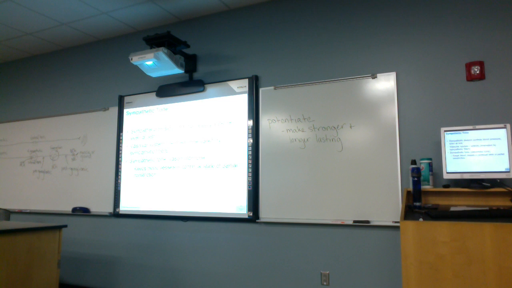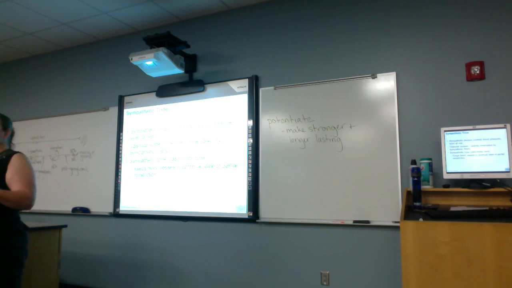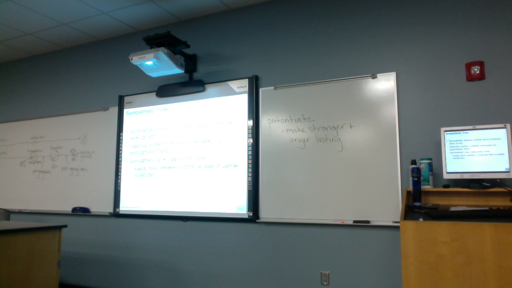A lot of times what seems to always happen with shock is a decrease in blood pressure. So there's a sudden massive vasodilation. The blood pressure plummets, causes problems with the brain, can then go to coma, can then go to death.